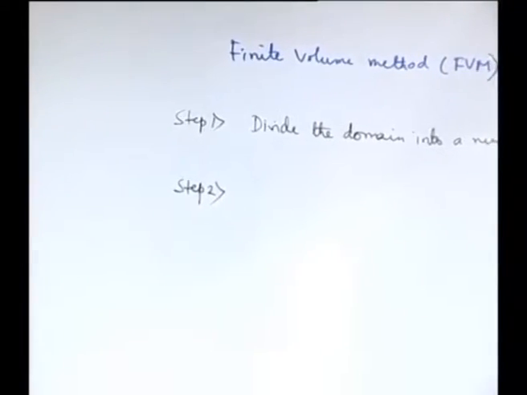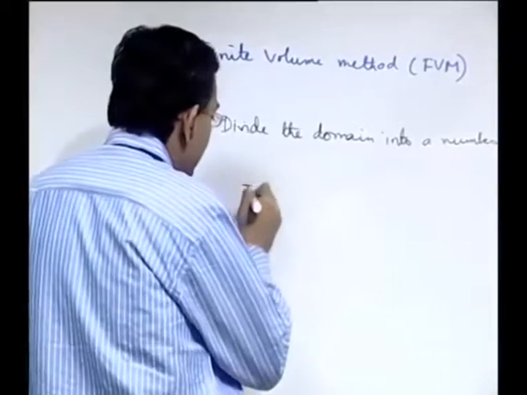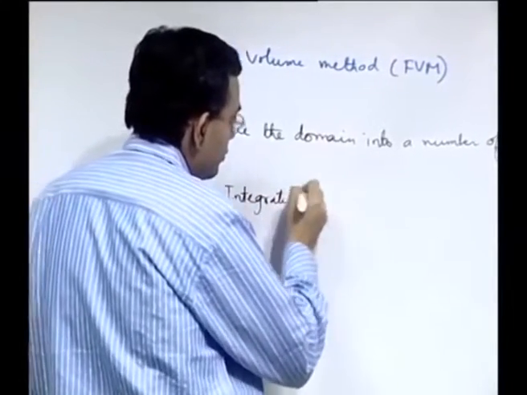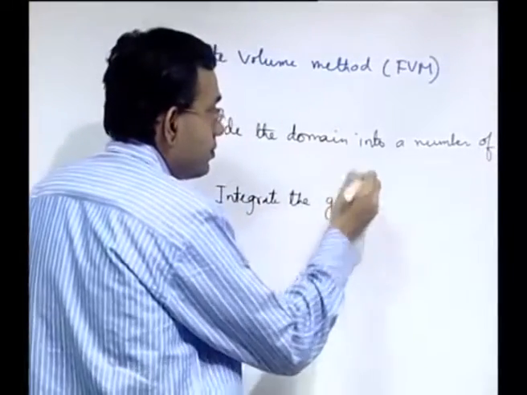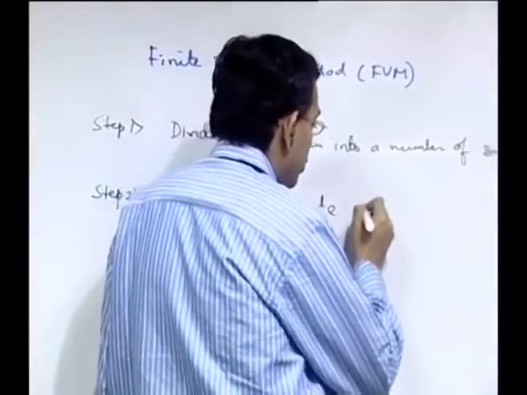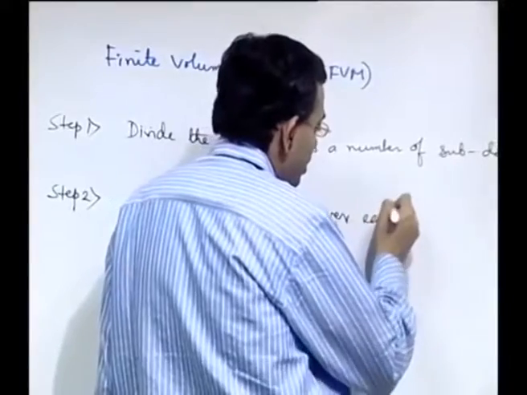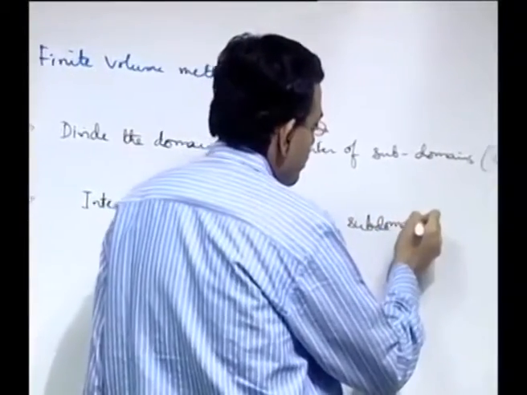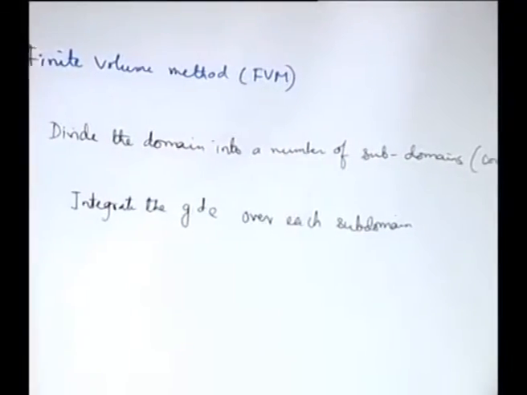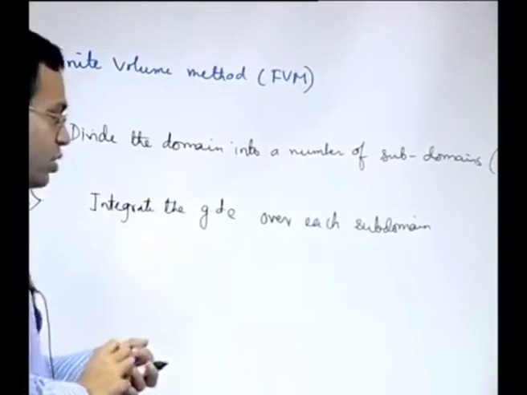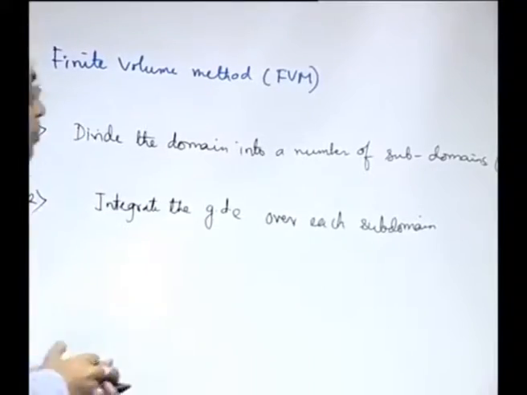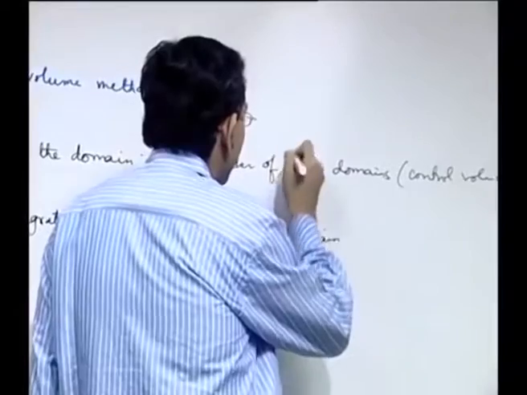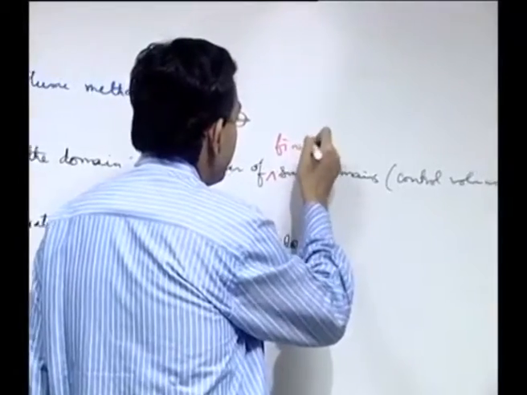Step 2 is integrate the governing differential equation over each subdomain. So, divide the domain into a number of subdomains, and we will amplify it with a very important consideration: finite size subdomains.